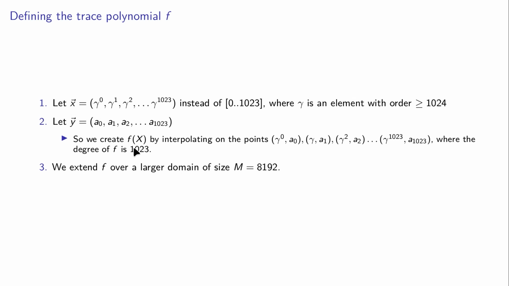And so we are creating the f of x by interpolating over gamma to the 0, a0 up till gamma to the power 1023, a1023 with the y's as the sequence values. So the degree of this polynomial will be 1023, but we extend f over the larger domain. We use a blow-up factor here, which is 8.